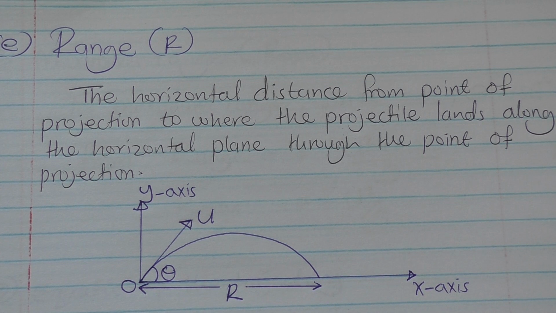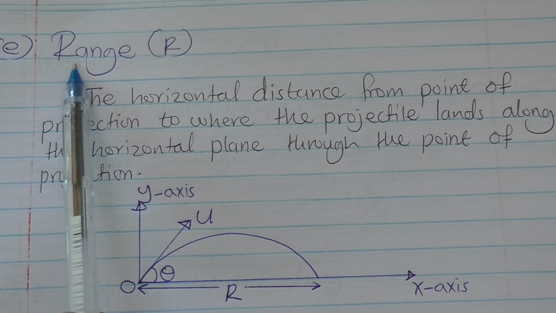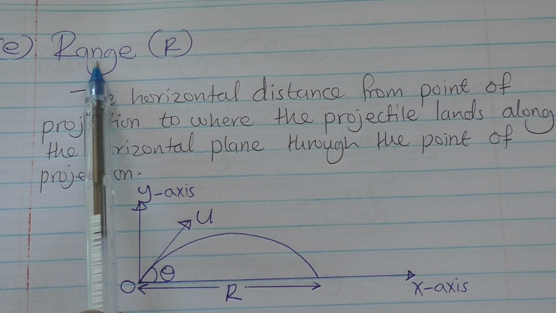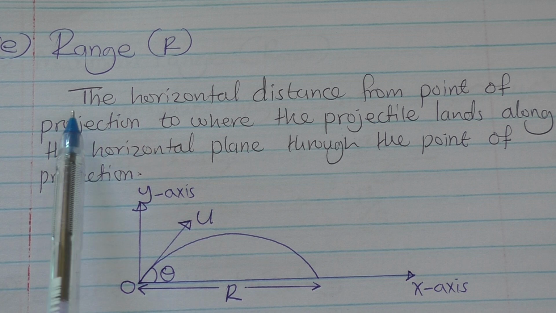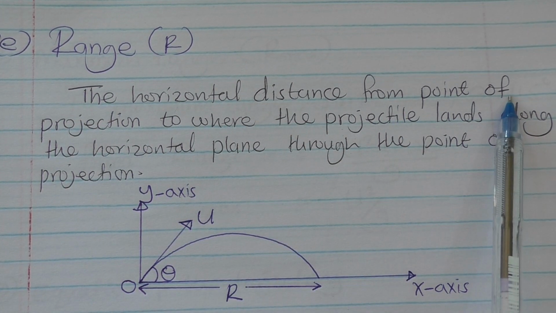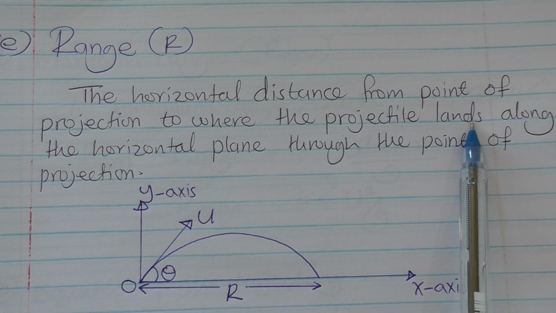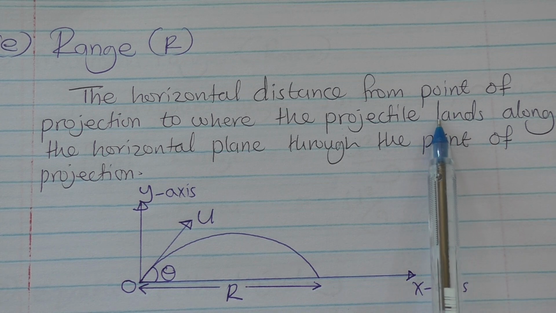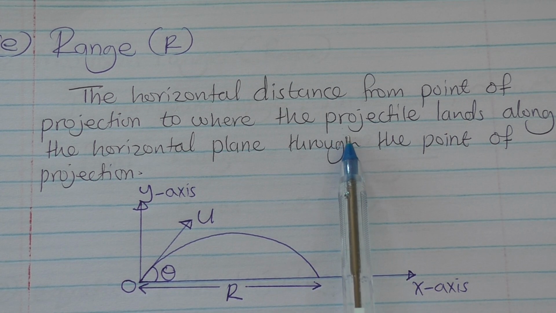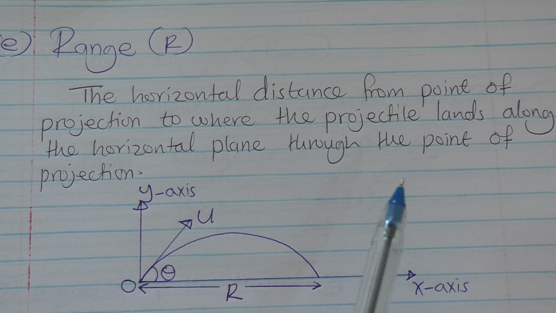So in this lesson, we are continuing with deriving the formulas used in projectiles, and we are to start with getting the formula for range. Range is the horizontal distance from the point of projection to where the projectile lands, and that is along the horizontal plane through the point of projection.